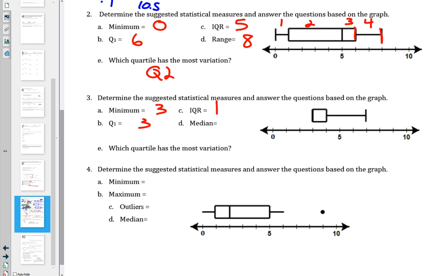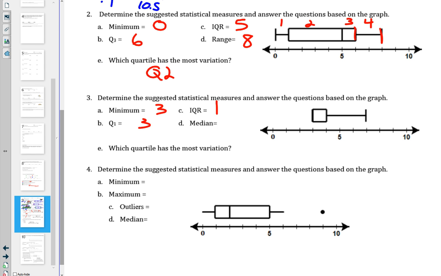Now the median is not as obvious. I don't know if it's because my screen is kind of blurry, I don't know if it looks better on your page or not, but it looks to me like if anything, this maybe looks a little bit thicker. So it looks like what they did was they put the median at the same place as where Q1 would go. And that would make sense also because that's the reason why there's no left whisker, the more bunched up there.